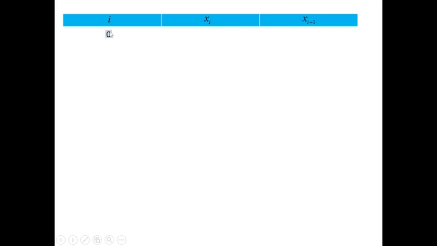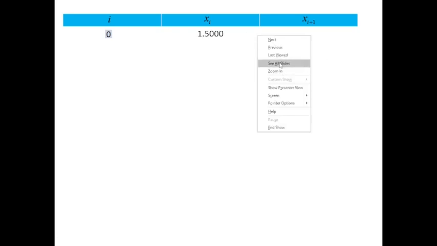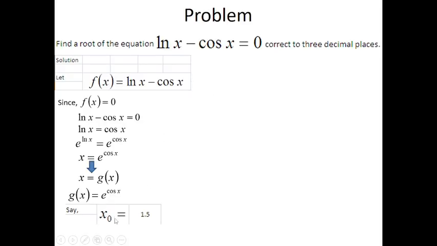So, at i equals 0, ano yung x sub i? 1.5. Check natin. At i equals 0, x sub 0. So, that is 1.5. Diba? Nag-exist ba yan? Yung f of x natin ay nag-exist dito sa x sub 0 equals 1.5. ln 1.5 minus cosine 1.5.